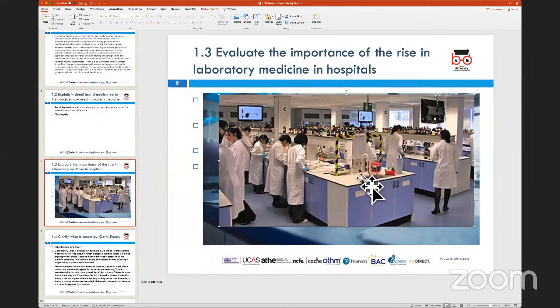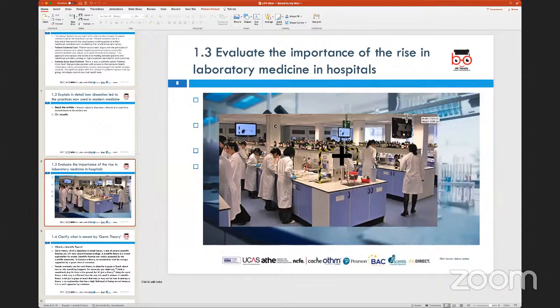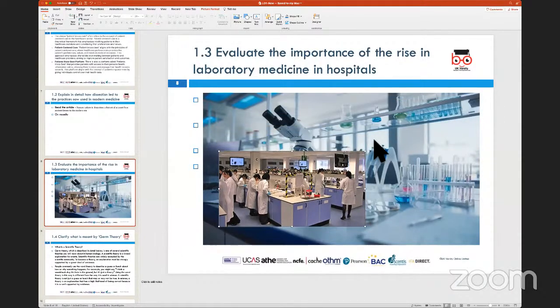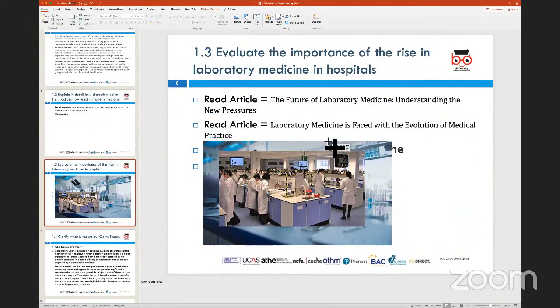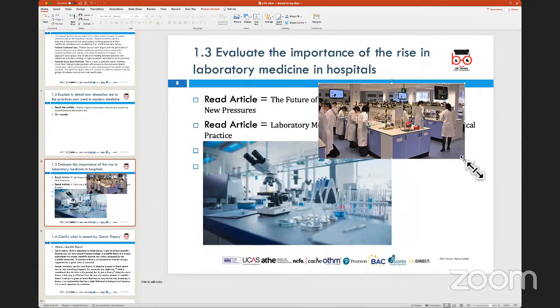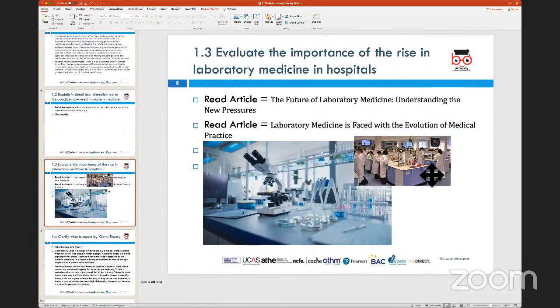Essentially, the main aspect in understanding what a laboratory is and its importance is that it is a room or a building equipped with scientific equipment, and that equipment allows you to carry out experiments.